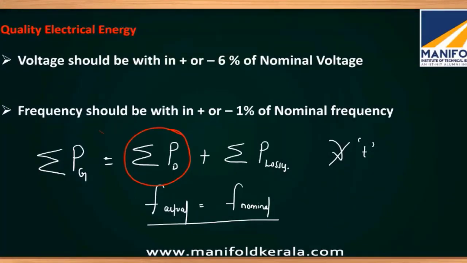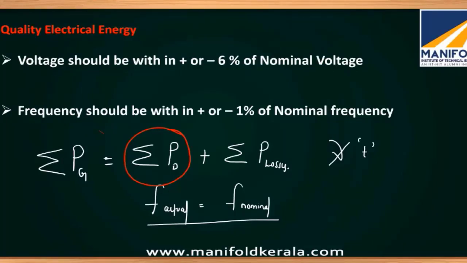Within no time there will be change in demand, but it is not possible to change the generation instantly, because whenever you want to increase or decrease the generation, in your generator, most of the turbines will be steam turbines. Depending upon how much steam you are passing through your turbine, your power output will change.